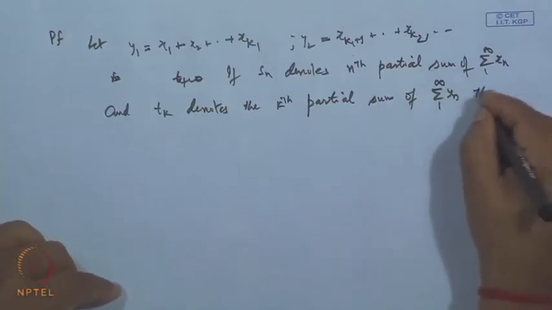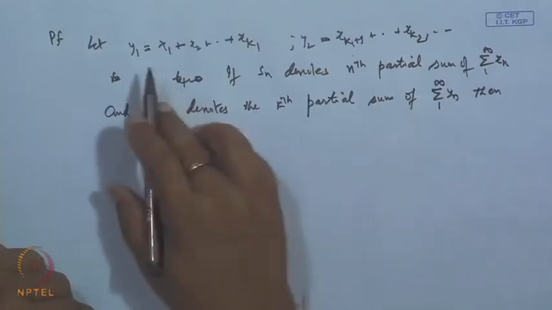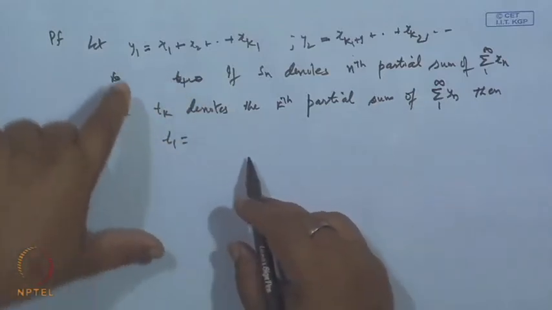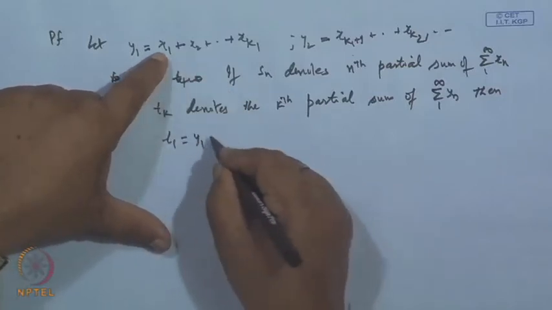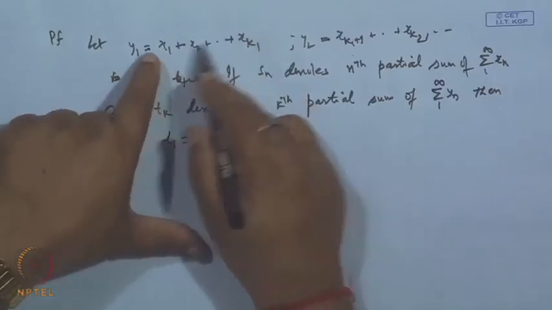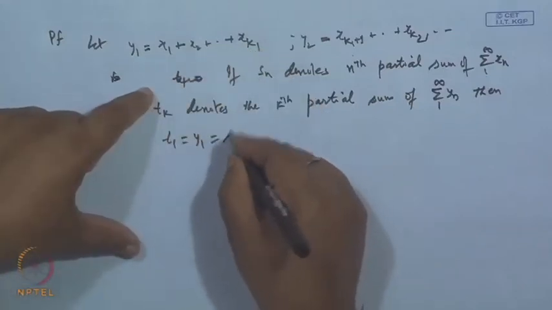Then what we see here is T 1, that is the first term. First term is what? It is y 1. So, y 1 is nothing but the sum of the first k 1 terms of the original series. So, it is S k 1.